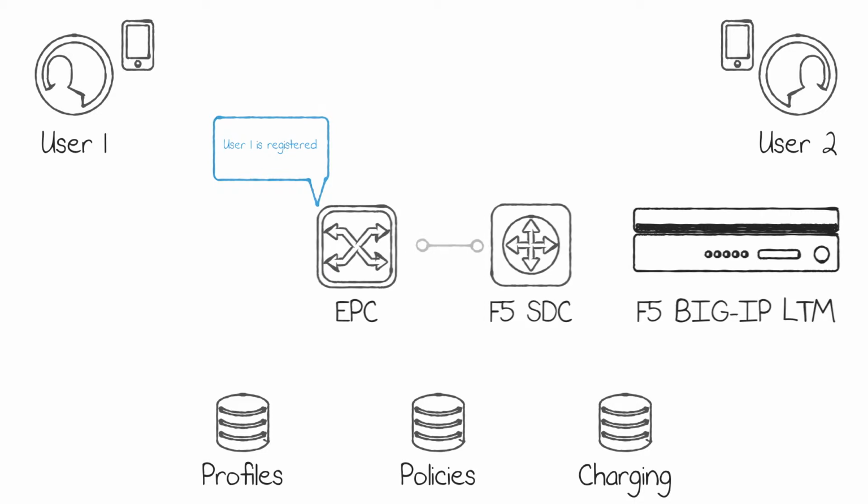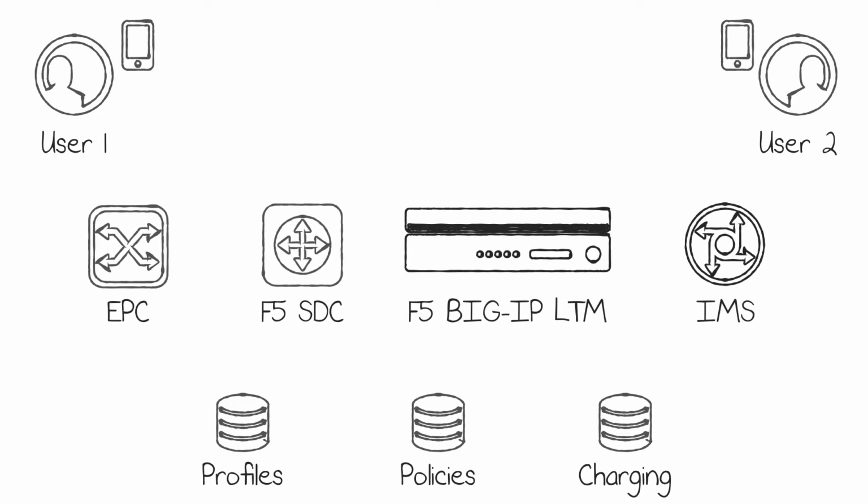Now that user 1 is registered in the Evolved Packet Core, their phone now needs to tell the IMS network that it's turned on. So it's going to send a message down to the BIG-IP LTM, and the LTM will figure out which IMS user 1 belongs to and forward that message over to the IMS.